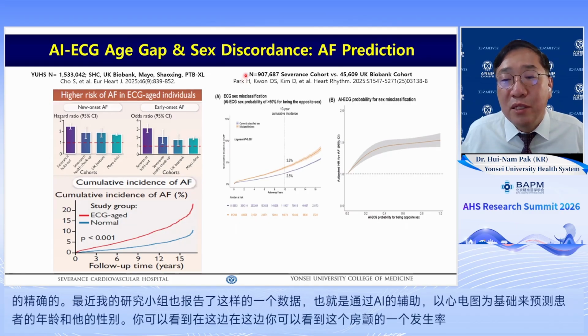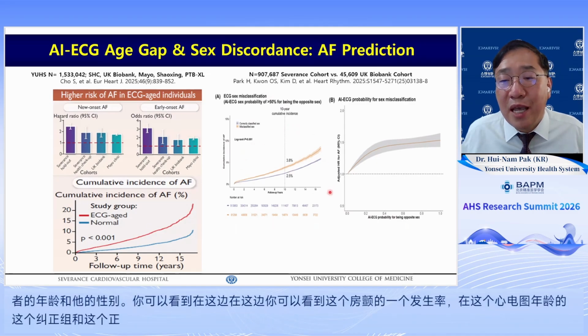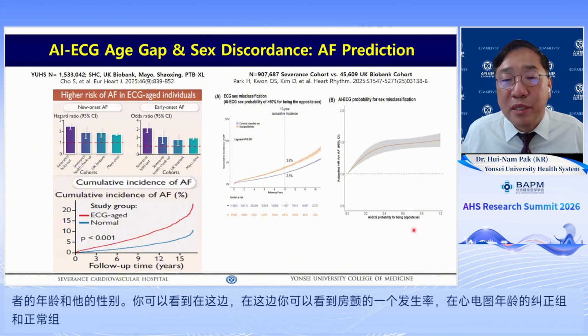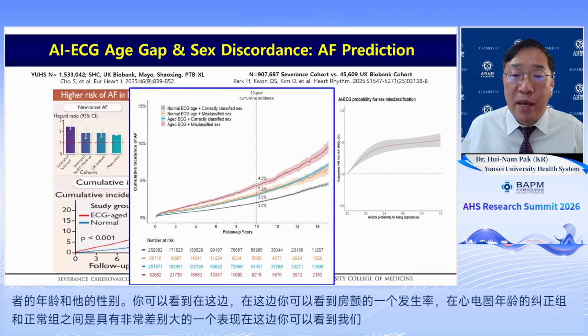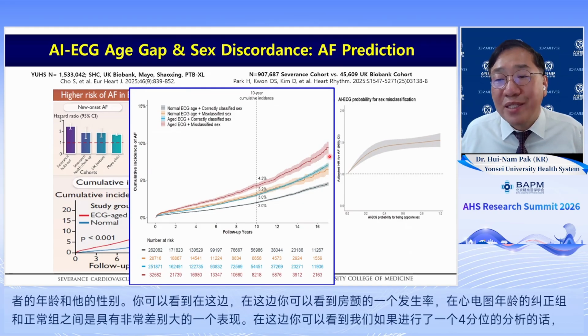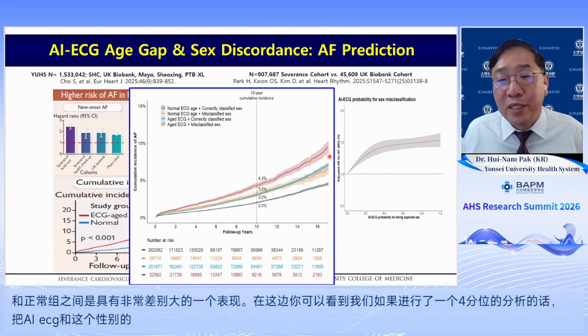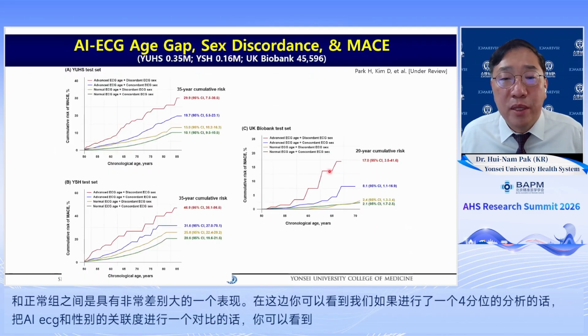We found the incidence of atrial fibrillation was significantly higher when there was a discrepancy between AI ECG sex and biological sex. When performing a quartile analysis combining the AI ECG age gap and sex miscalculation, the incidence of atrial fibrillation was highest in the population with a large ECG age gap and sex discordance.